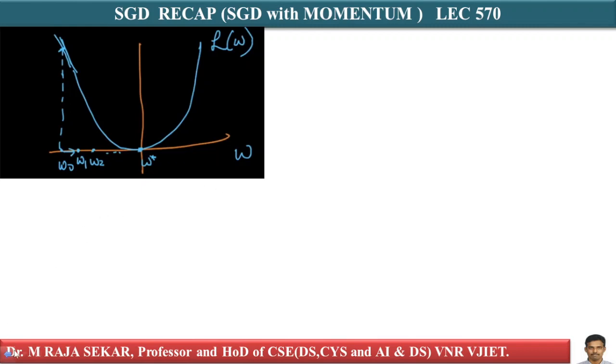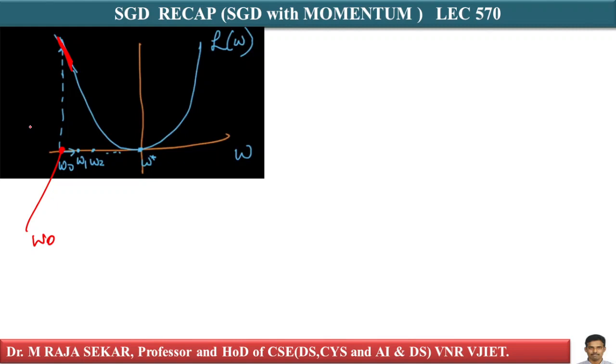Here let me assume this is my W, this is my L of W. Now suppose this is my W naught. My gradient is like this, isn't it?